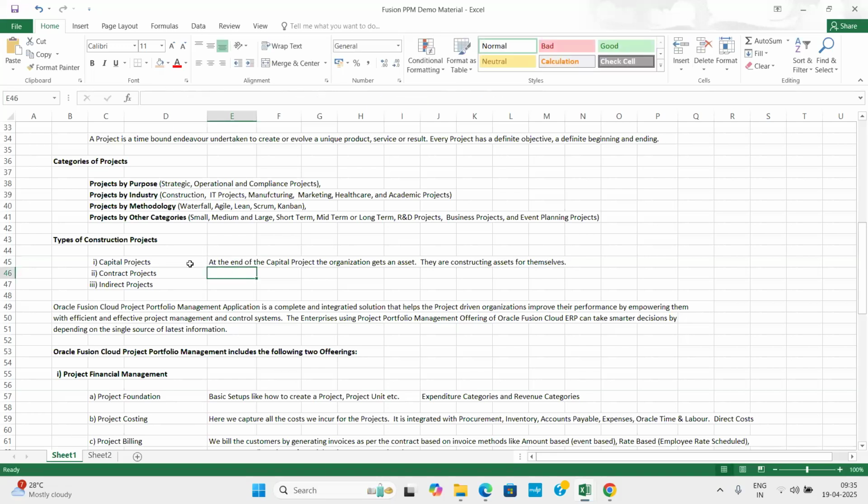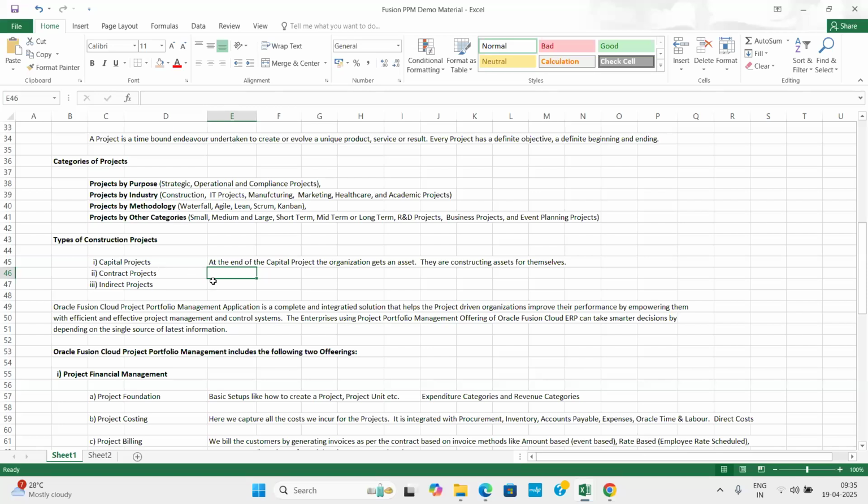That's why they say it is a capital project. Suppose there is a university; they want to build an auditorium, a college campus, an administrative office. These are all buildings, and at the end of the project they're getting an asset for themselves. So that is a capital construction project.